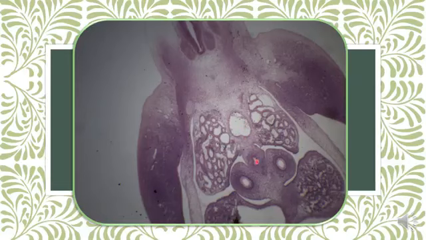Here you can see esophagus and two main bronchi, and this is the dorsal mesentery and ventral mesentery.